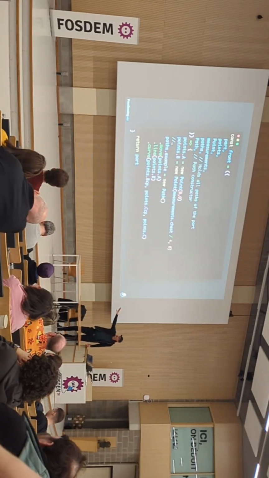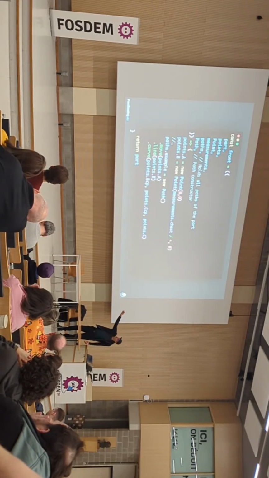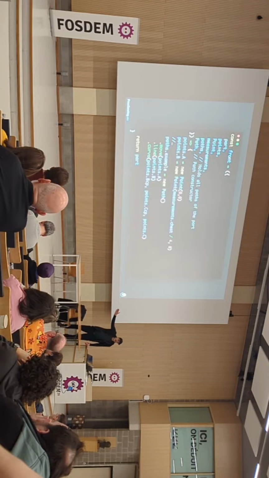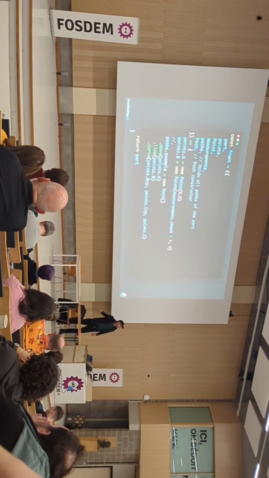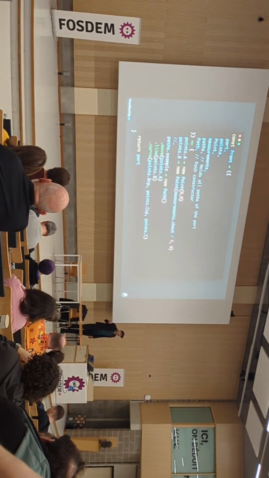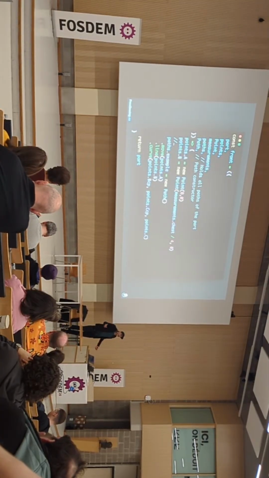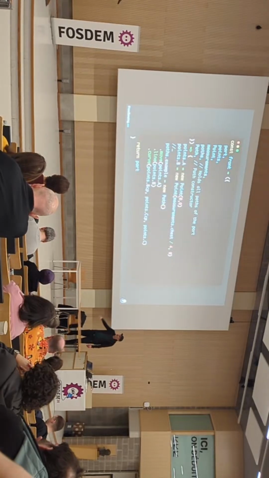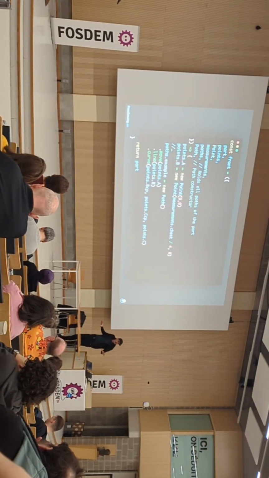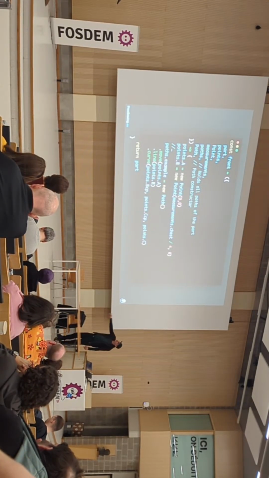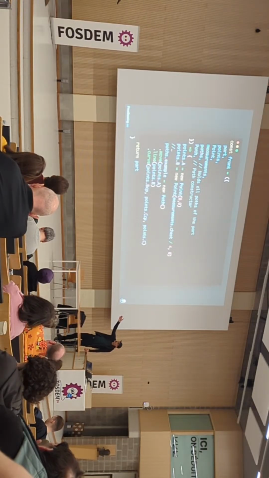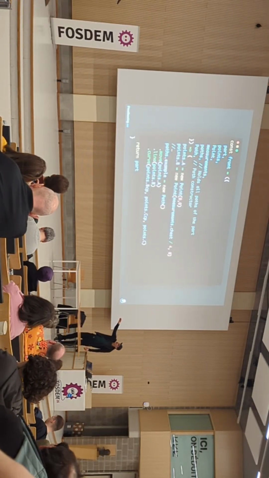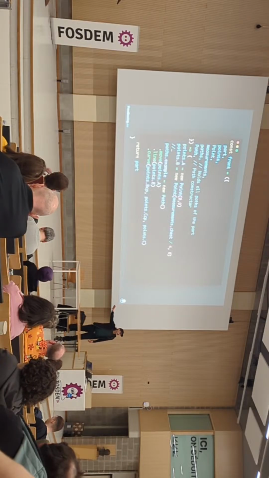We instantiate paths with no parameters, and then we have all of these methods: move, line, curve, right? And if you've ever worked with PostScript, SVG, Canvas, or basically most graphics APIs, they all use this sort of pen-plotter way of drawing, right? So move somewhere without drawing a line, line draws a line, and then curve uses cubic Bezier curves.